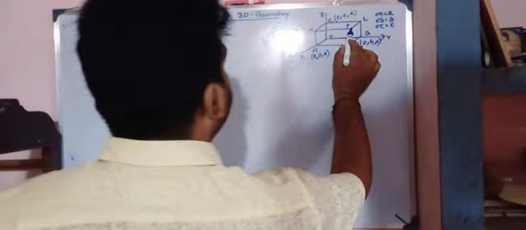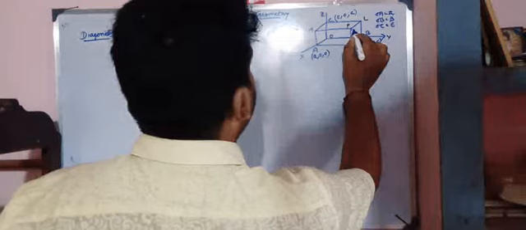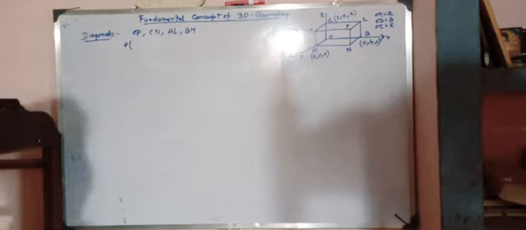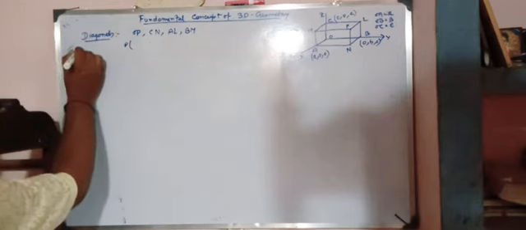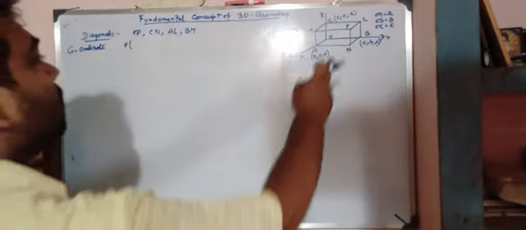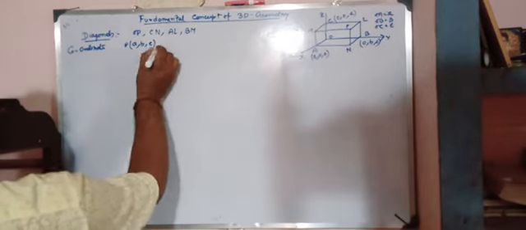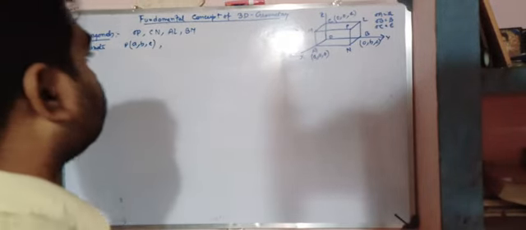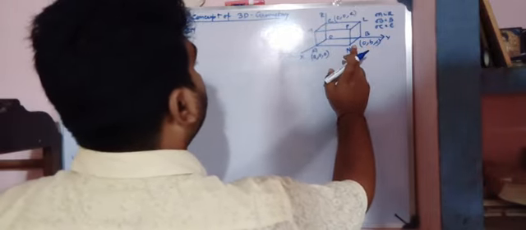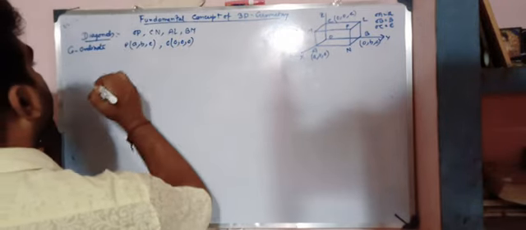Now the coordinate of P should be how much? A, this is B, this is C. So coordinate of P is equal to (a, b, c). Understood that? Next, coordinate of O is (0, 0, 0).